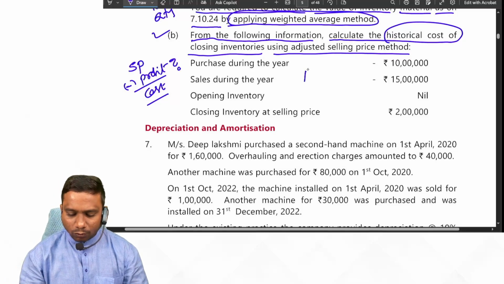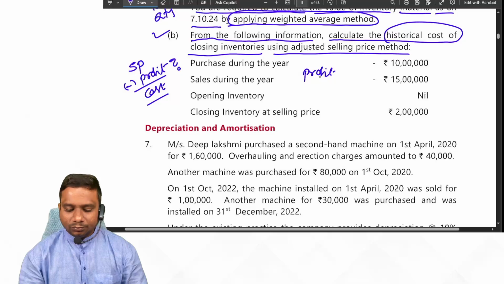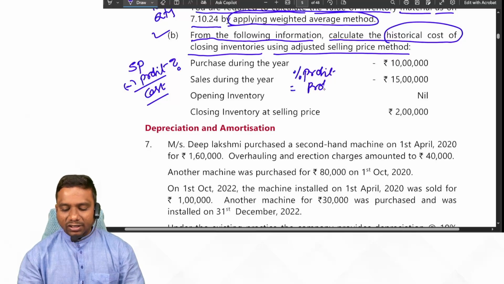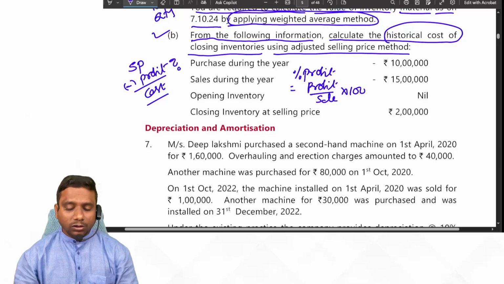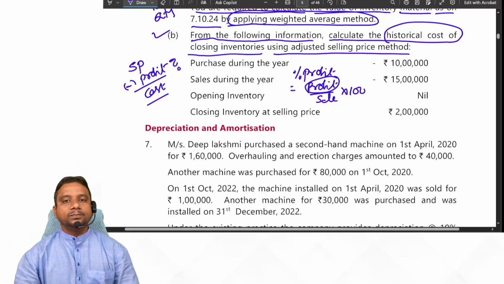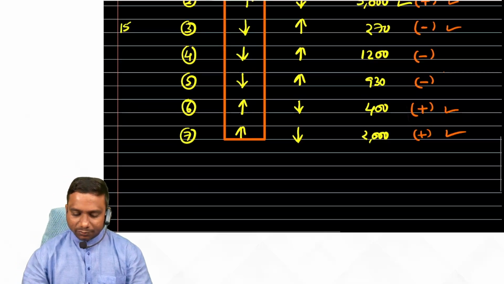Observe carefully. Percentage of profit is equal to profit divided by sales into 100. Yes or no? Sales we get in the exam problem, but you don't get profit. Now you need to calculate profit.